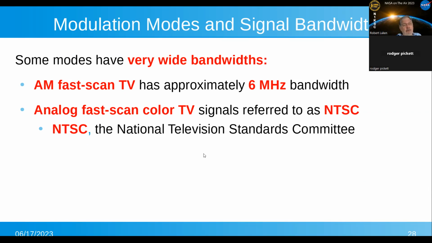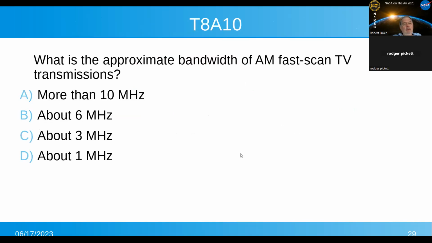Now, there's also an amateur slow scan TV, which one of the guys at the NASA club has been doing a lot of. What's the approximate bandwidth of AM fast scan TV transmissions? 6 megahertz. B.